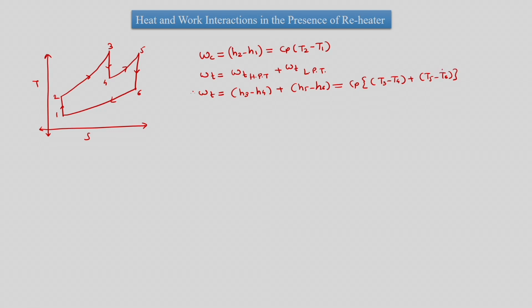So this is the Wt. Now we can write W net, and W net is equal to Wt minus Wc.